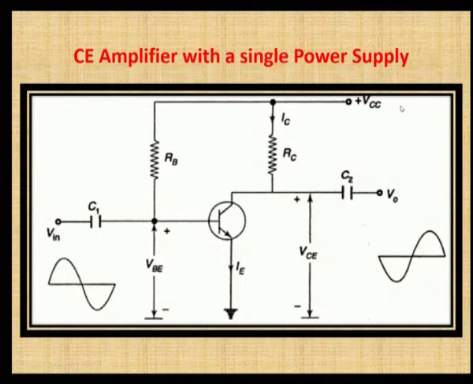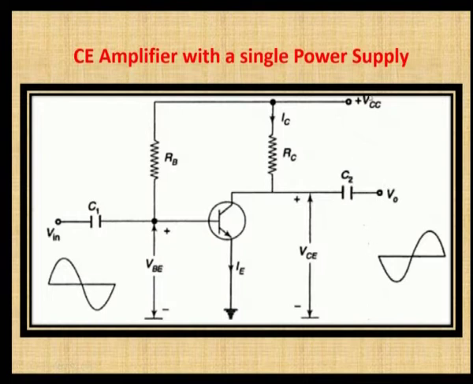This can be written as the voltage VCC minus this voltage. The supply voltage VCC is given to the collector terminal through the resistance RC. So, the voltage at this point from this point to ground is VCC minus the voltage drop across this resistance RC, which will be the output voltage.